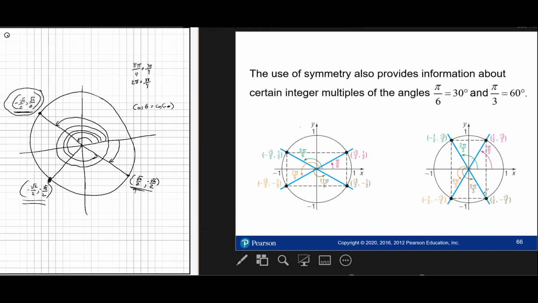Okay. My eye is itching, sorry. Now, and that's what happens with the integer multiples of 30 and 60. And some of those multiples wind up on the other. But anyway.